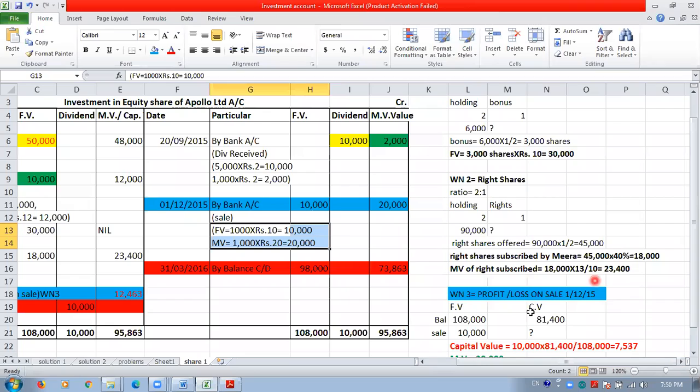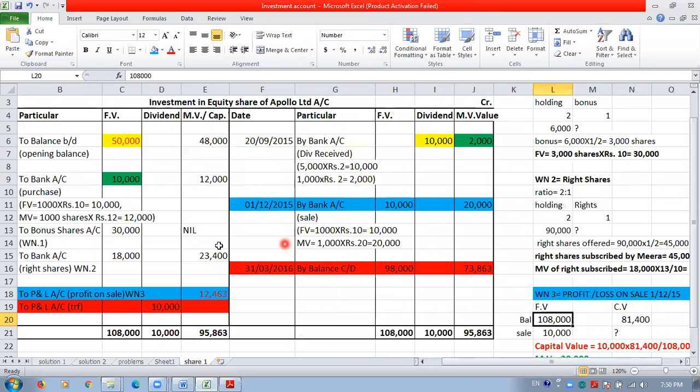So here we have to take into consideration the balance of face value Meera had on 1st December 2015. But you can't take the sale transaction, the 1st December transaction; you have to take only the rest of the others. That means you have to total the face value debit column.